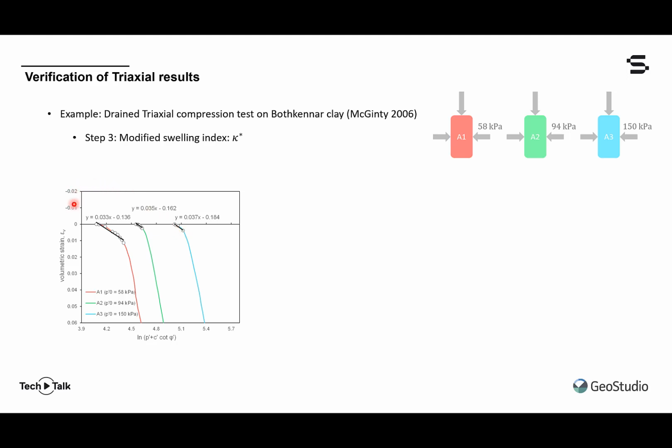We've used the trendline capability in Excel to fit 3 trend lines through those data. And you can see here that we can pull out our slopes, which is our modified swelling index, 0.033, 0.035, 0.037, giving us an average of 0.035.